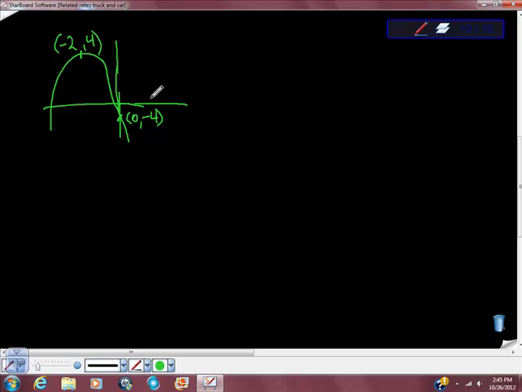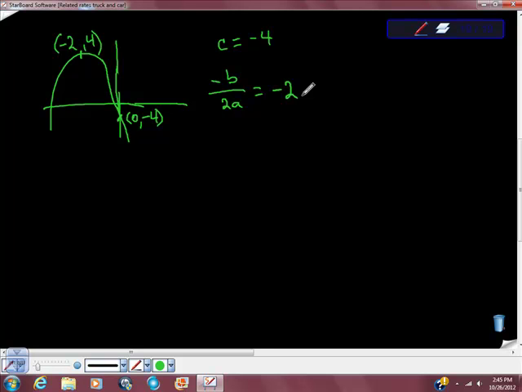Again, the first thing I see is the y-intercept. So looking at this, I already know c equals -4. And then I'll look at the vertex again, and I know the opposite of b over 2a has to equal -2, because that's the x value.